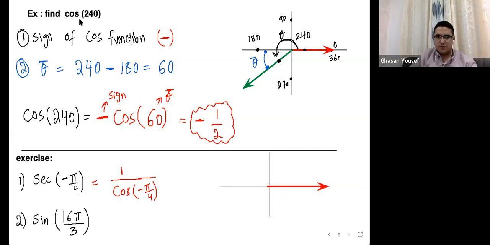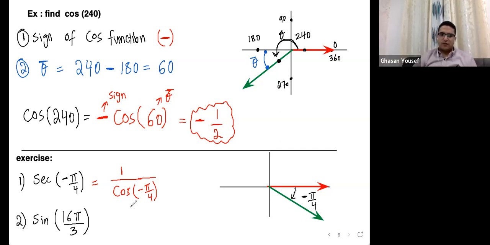So the angle pi over 4 is supposed to be in this quadrant here. The minus means the rotation is clockwise. So this is the angle, minus pi over 4.